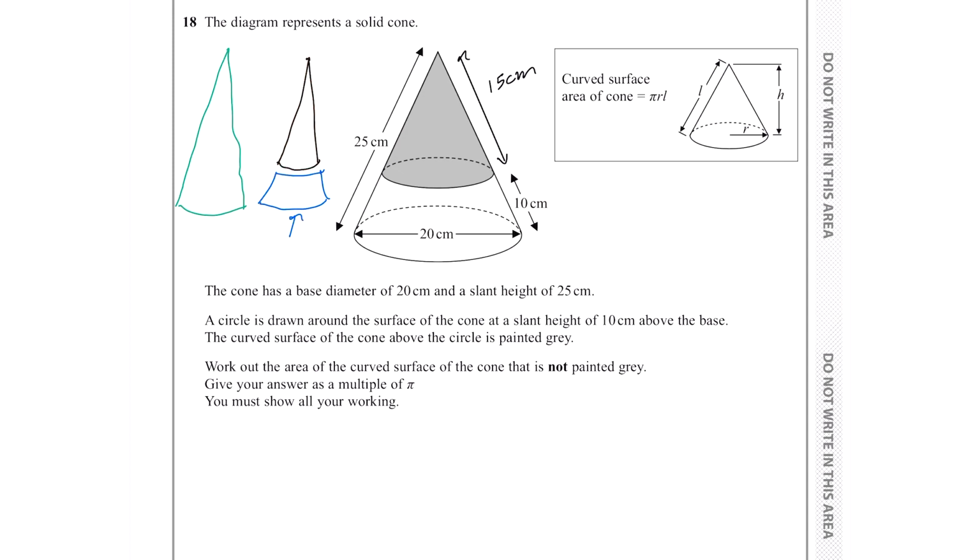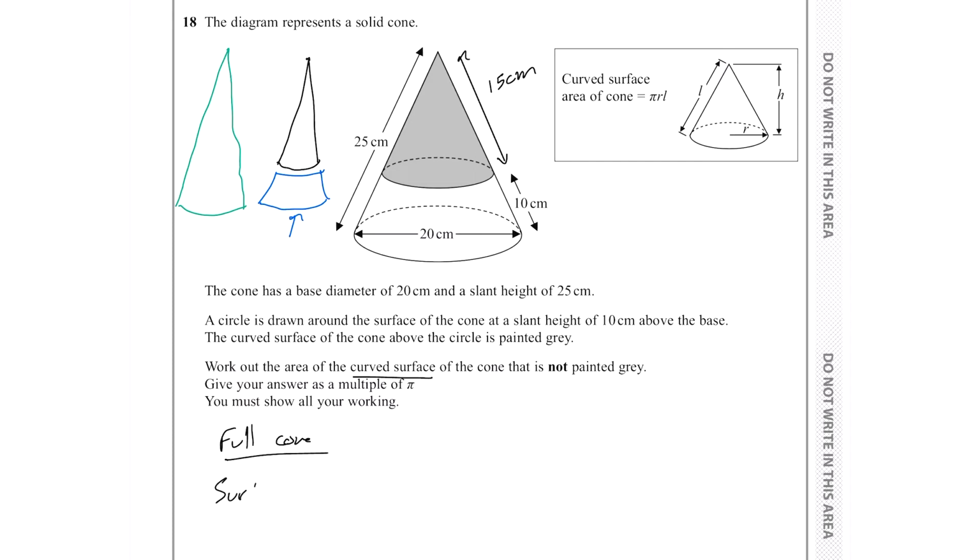Also worth noting, they only want the curved area. So we don't need to worry about the bit underneath the cone, which is the circle. So the curved surface area only, that's not painted. So if I go with the full cone, they've kindly given us the surface area equation there.